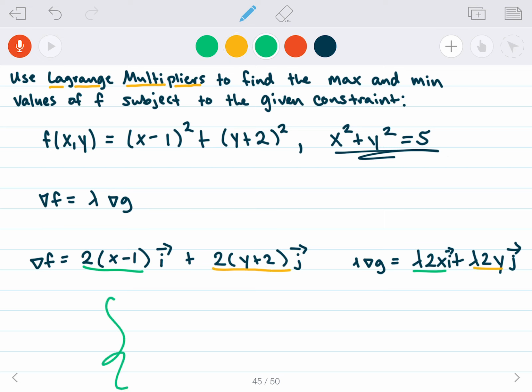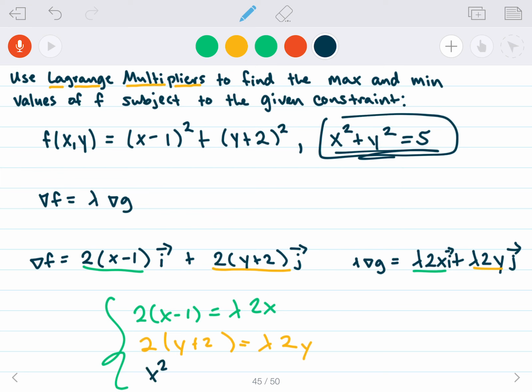So I get 2 times x minus 1 equals lambda 2x. Okay, and then I have, let's see, 2y plus 2 is equal to lambda 2y. And then I have my constraint, which is x squared plus y squared equals 5.